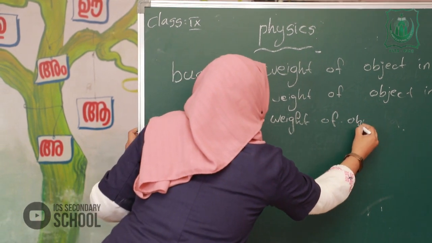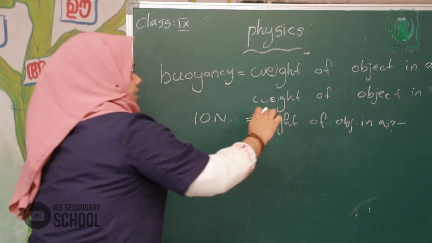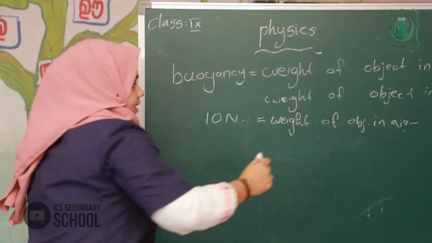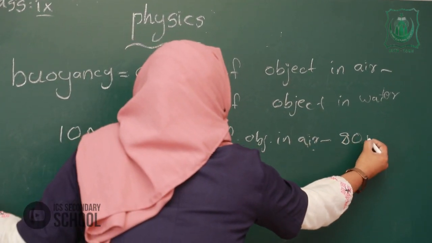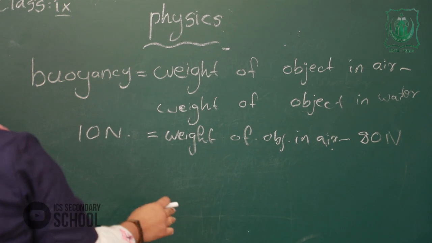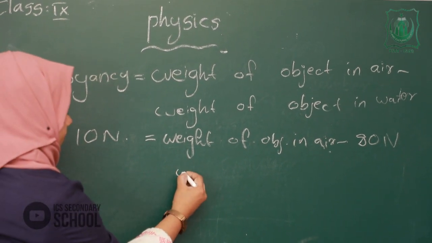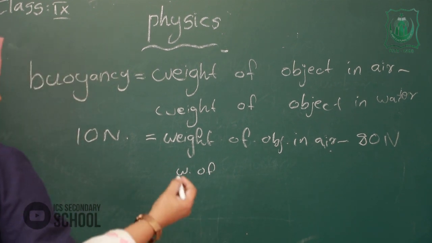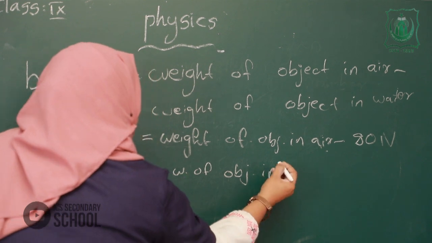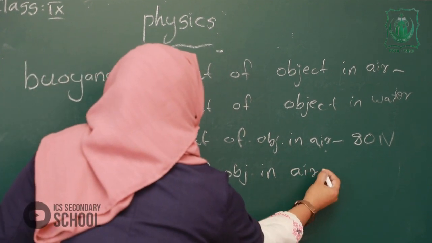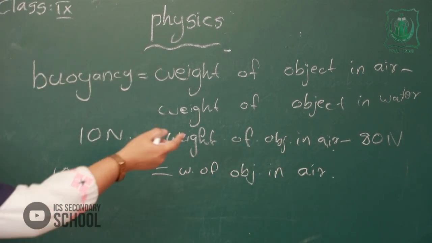Buoyancy is weight of object in air minus, what is the weight of the object in water here? Yes, 80 Newton. So how do we find the weight of the object in air? It is equal to 10 plus 80, as the minus 80 changes into plus.